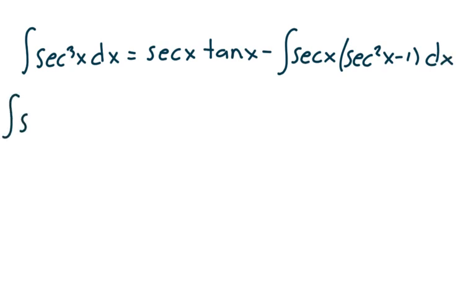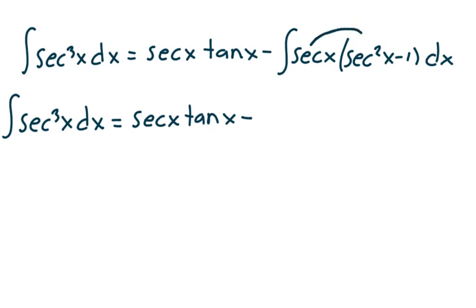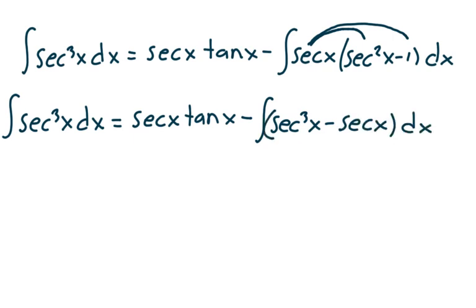So the integral of secant cubed x dx is secant x tangent x minus. Now, what I'm going to do is distribute that secant x to each term within the parentheses. And when I do, I get minus the integral of secant cubed x minus secant x, this whole thing dx. And the trick on this is you have to split up that integral.